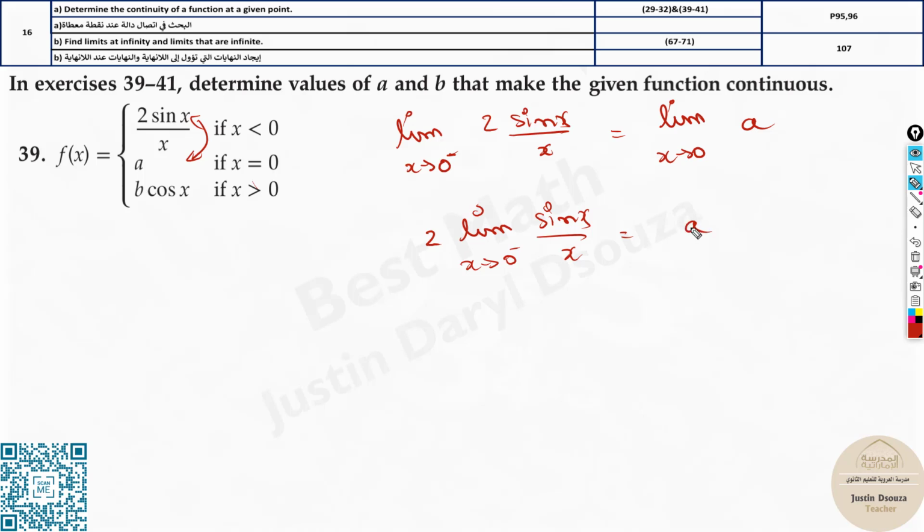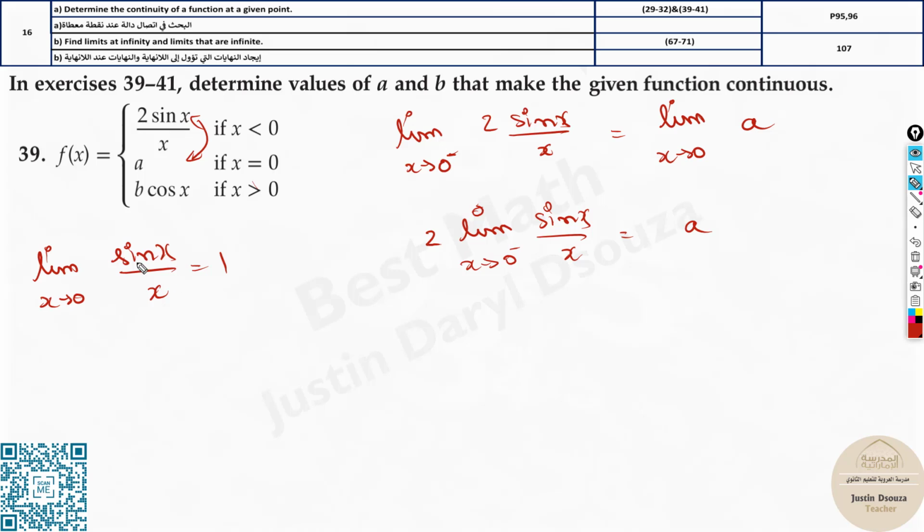Any constant will be the constant itself, so it's a itself. Now if you recall, do you remember the formula, limit of x tends to 0 of sine x by x? The formula is given as 1. Please remember, you can do it in your calculator as well. We have done it before in the lesson explanations. Just remember, this is a formula.